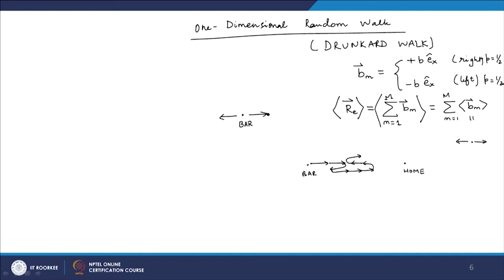So, this must be equal to 0, and so again the average of the end to end distance vector must be equal to a null vector. Okay. Now, again if I do an RE squared average, I do have a very similar formula.